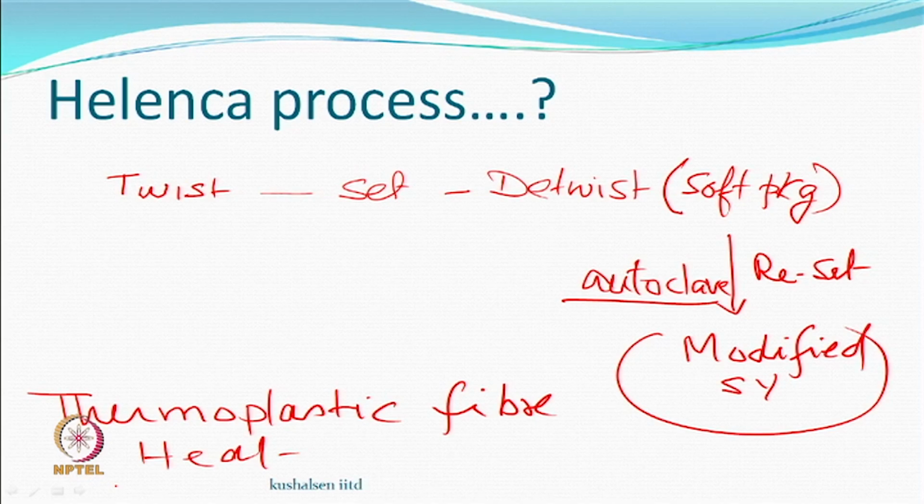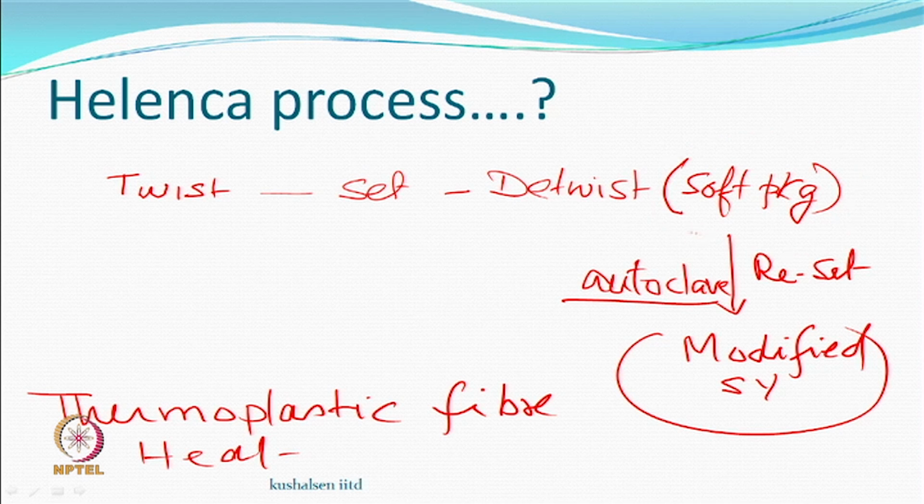So, we do have this process called the Helenca process. What was the Helenca process? Twist, set, detwist. We got a textured yarn which was called a stretch yarn. Now, we have to go further from there. And what do we do? After this detwisting, we have made a package.